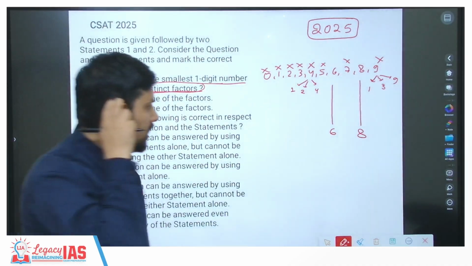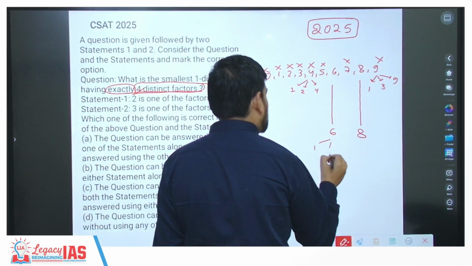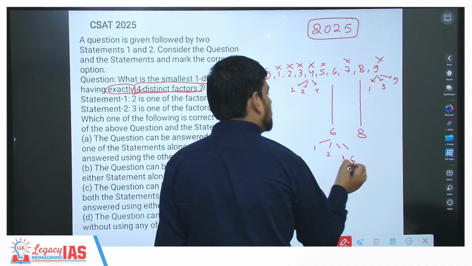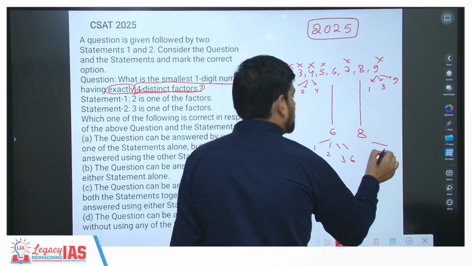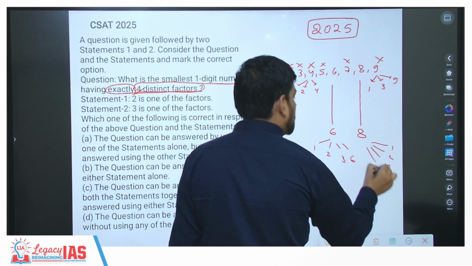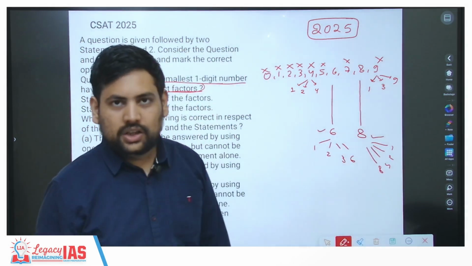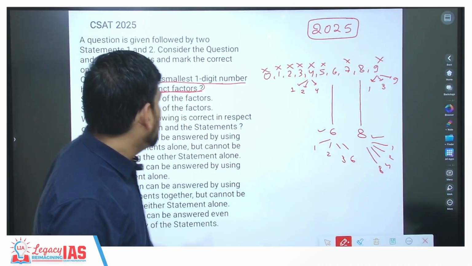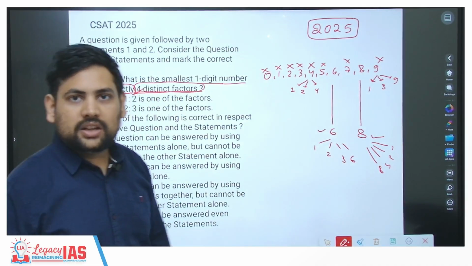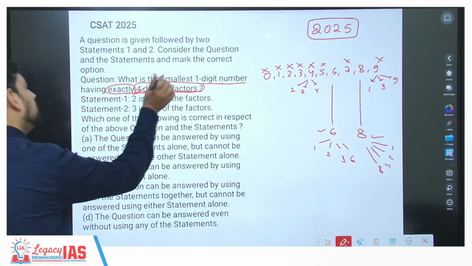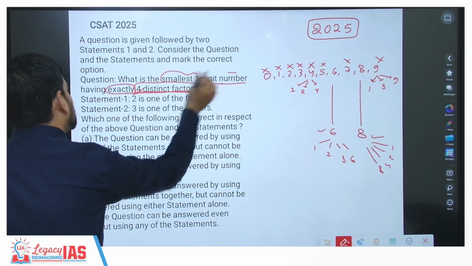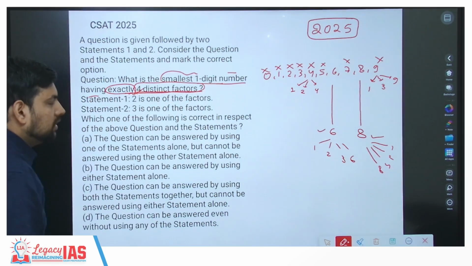Now, 6 has how many factors? 1, 2, 3, 6. Yes, it has 4 factors. Similarly, 1, 2, 4, 8. So this also has 4 factors. So 6 and 8 are the options. Now, again read the question carefully. What it says, what is the smallest one digit number having exactly 4 distinct factors?